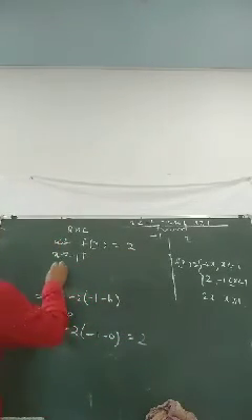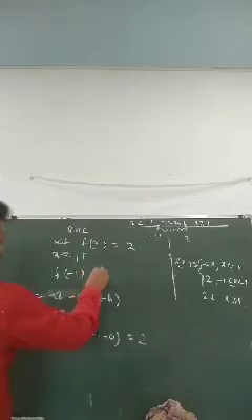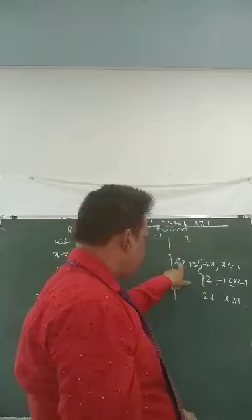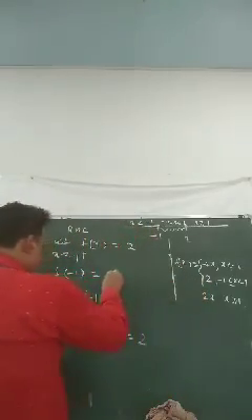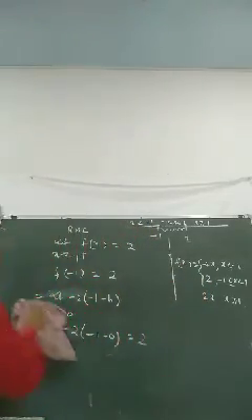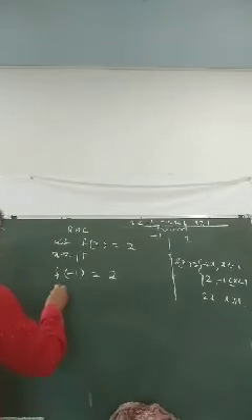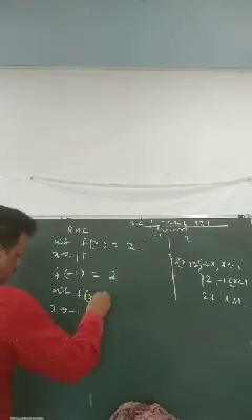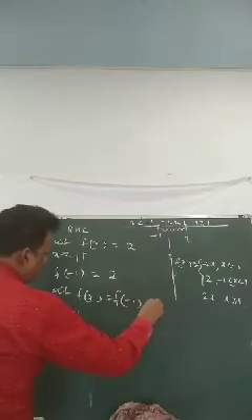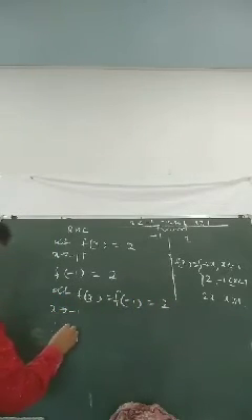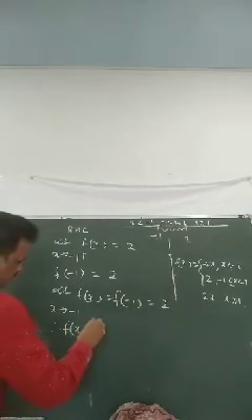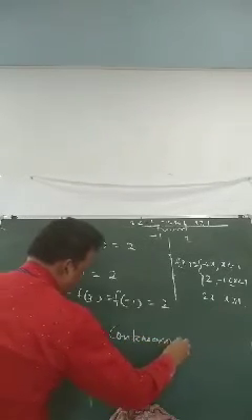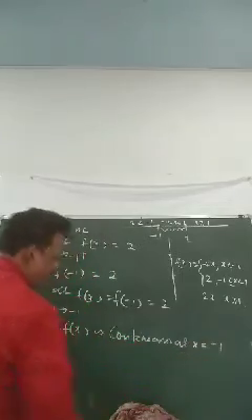Now take your functional value f of minus 1, where there is equality, there I will put f(x) equals 2, so it will be 2. So the limiting value equals the functional value. So I can write limit x tends to minus 1 f(x), f of minus 1 is 2. Therefore f(x) is continuous at x equals minus 1.